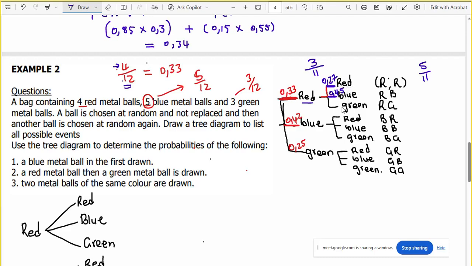Then on the next one, the first one was green. We still have 3 green, but how many balls are there? There are 11. So this will be 3 over 11. You get it? Yes. 3 divided by 11 is 0.27, so I'm going to write 0.27 here.